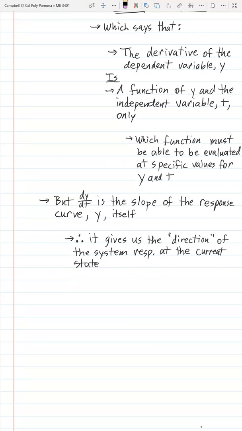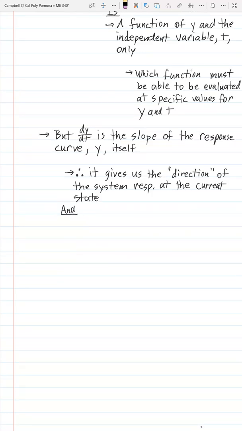And since these systems can't just change dramatically, then as long as we estimate the system response just a little bit in the future based off of this slope, we can then say, okay, this is going to be the next point on the system response, or the next pretty good estimate might be a better way to say it.